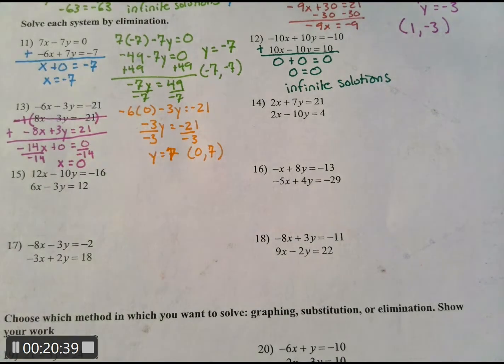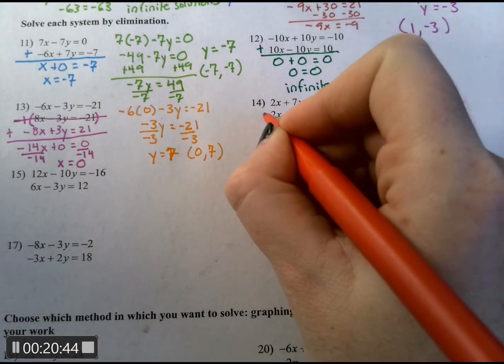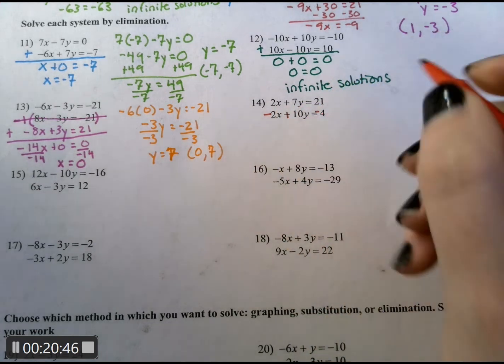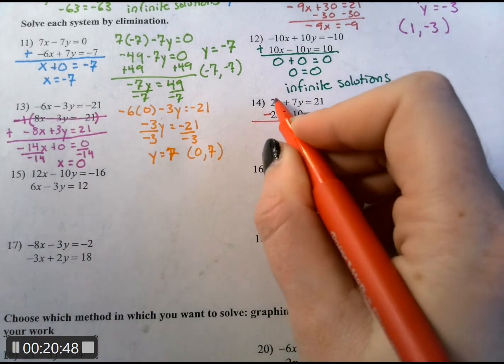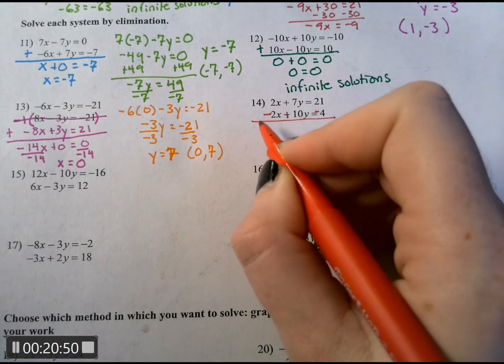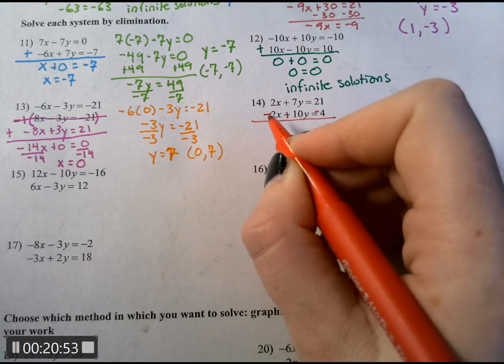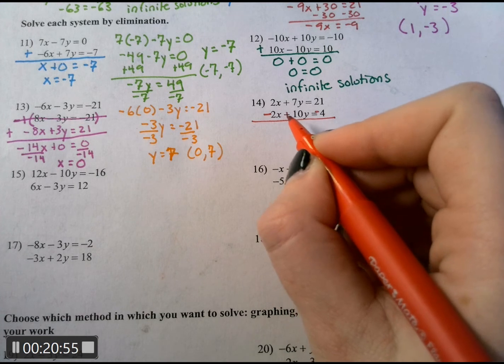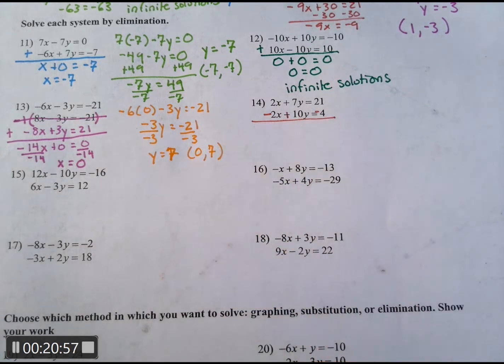And then we have to do the same thing on 14. So I'm just going to go ahead and change the signs of everything on our bottom row, because our x's had the same number, but they also had the same signs. So I needed to make this 2 a negative, change this 10 to a positive, and make this 4 a negative.